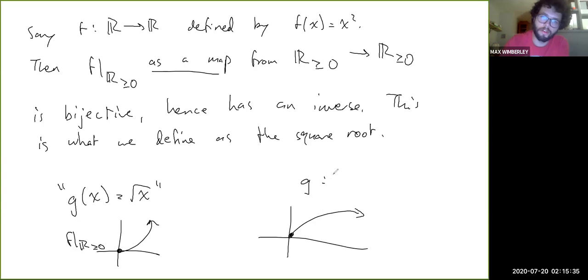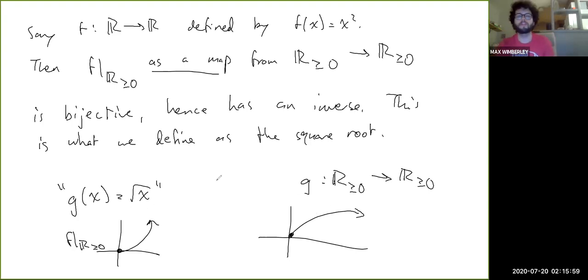It's also a function from R greater than or equal to 0 to R greater than or equal to 0. So it was only after restricting both the domain and the codomain that we got this. We started with a function from R to R, restricted the domain and the codomain to be the non-negative real numbers, and then we ended up with a bijective function. That was how we defined the square root, okay?